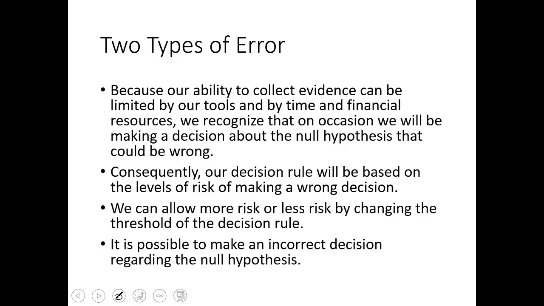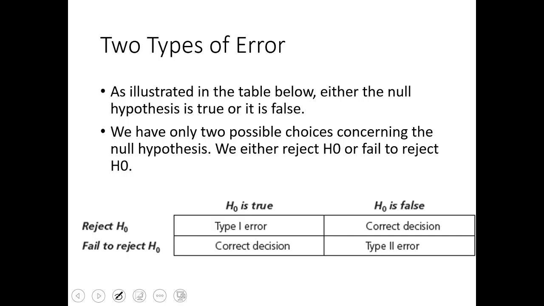Anyway, that's why we consider two types of error. We assume the null hypothesis, but we don't know the truth of it. It can be true or it can be false. Based on the collected data, we can reject the null hypothesis or fail to reject it. If the null hypothesis is true and we fail to reject it, it is a correct decision.